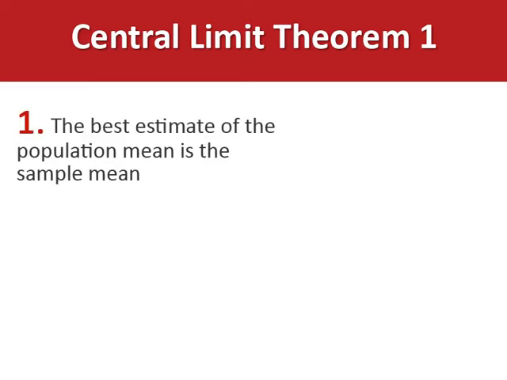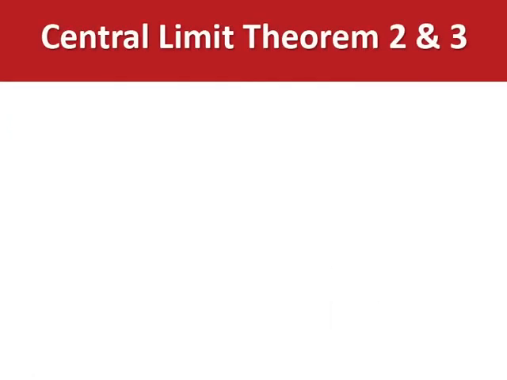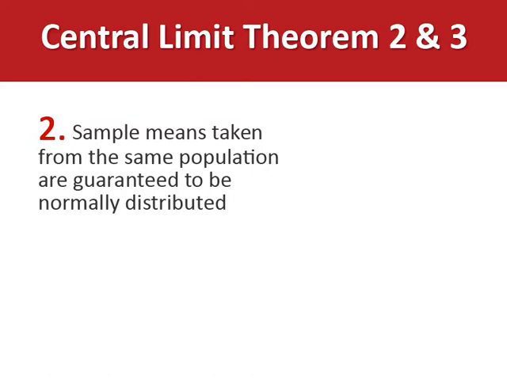First, the best estimate of the population mean is the sample mean. So we can calculate our sample mean using our well-known formula, and that's going to be our best estimate of the population mean. Second, the sample means taken from the same population are guaranteed to be normally distributed. I'll talk about this again in a moment, but I should point out that what I just said is only true when we have large enough samples.